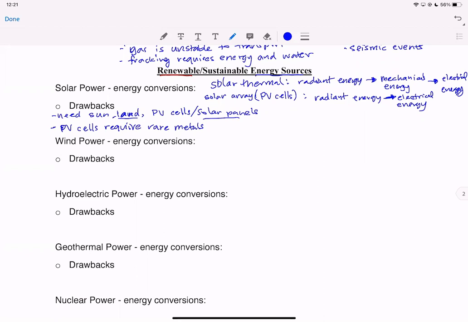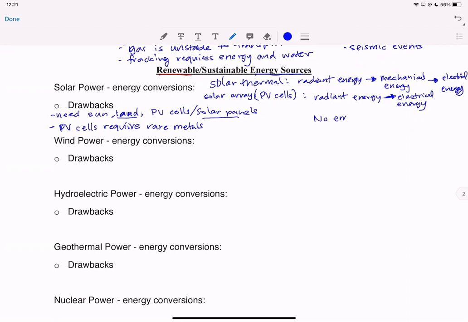And one great thing is that there are no emissions. So this is not a drawback. This is a good thing. There's no carbon dioxide emissions from this solar power. Okay. There might be in the processing and making photovoltaic cells and mining metals, but this is what we're trying to get to. No carbon dioxide emissions. And also there's no air pollutants because it's not a chemical reaction, right?